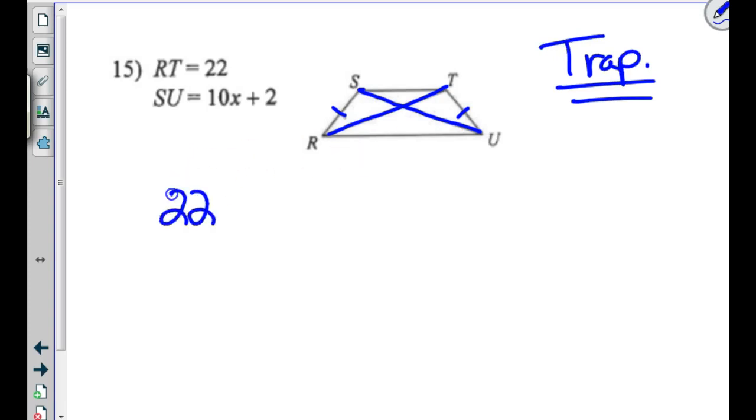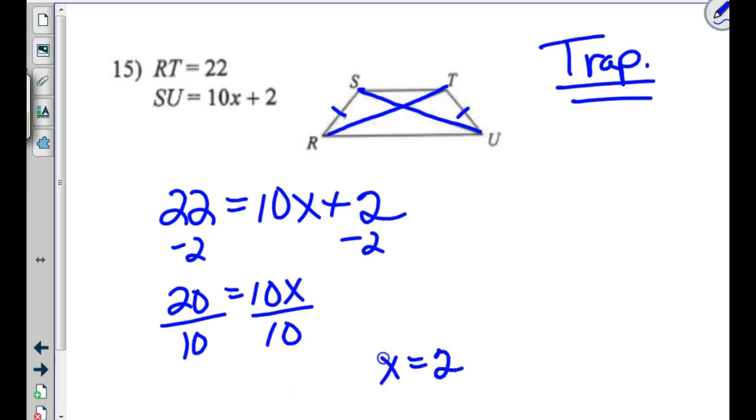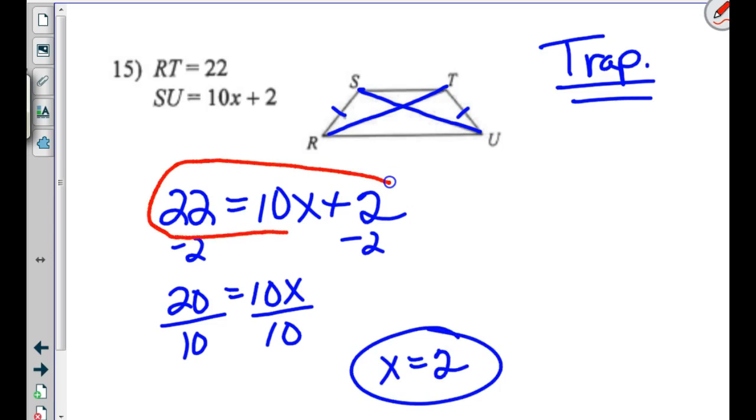So you would do 22 equals 10x plus 2. Okay? If I solve that real fast, you would get x is 2. So as long as you write down this, you should remember how to do these, okay? You don't have to solve it on your review. You will have to solve it on the quiz.